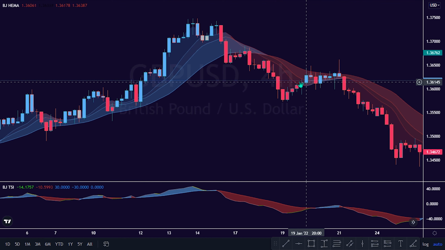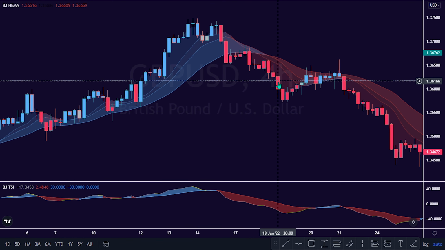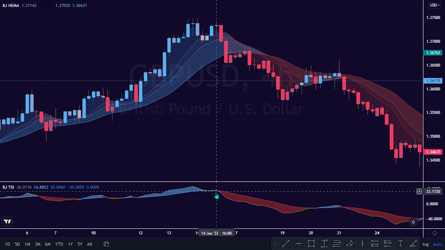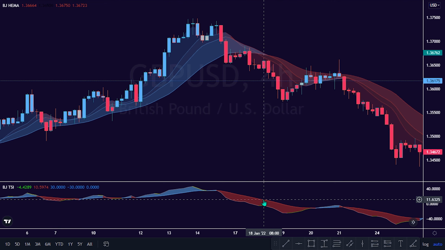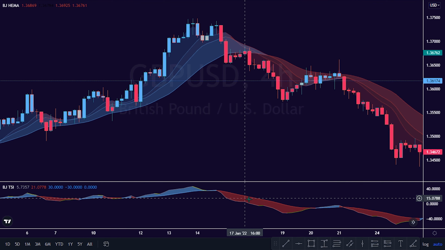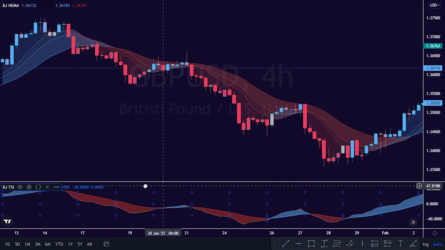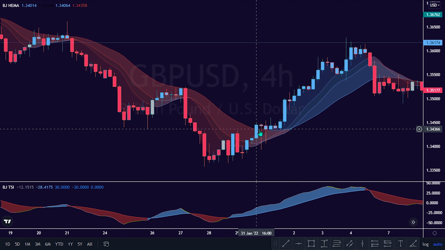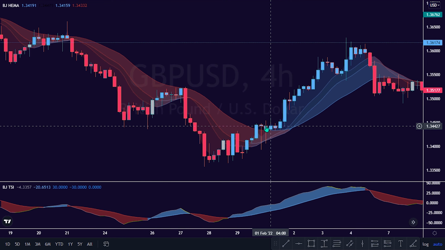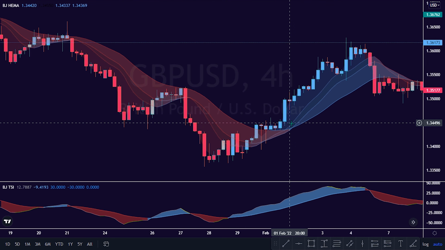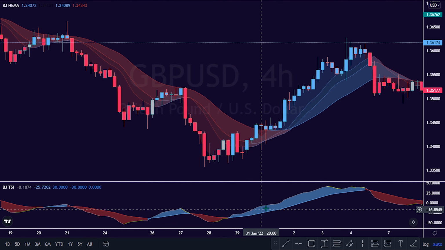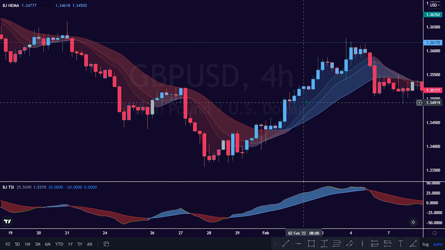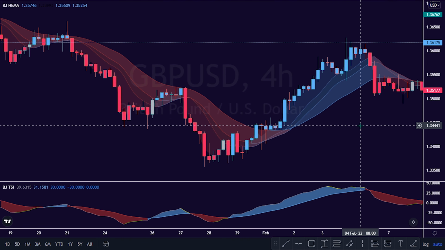The conformity of red colors formation of bars on the Bjorgum triple EMA Strat and the Bjorgum TSI signal line red colors formation signals the confirmation of a sell trade setup. Likewise, the conformity of blue colors formation of bars on the Bjorgum triple EMA Strat and the Bjorgum TSI signal line blue colors formation signals the confirmation of a buy trade setup.